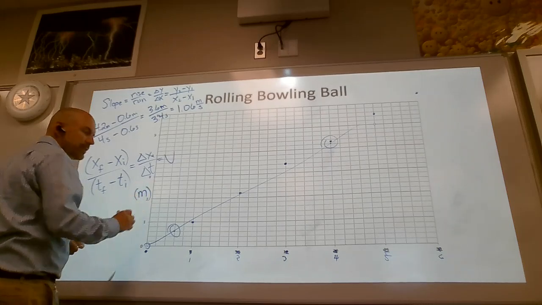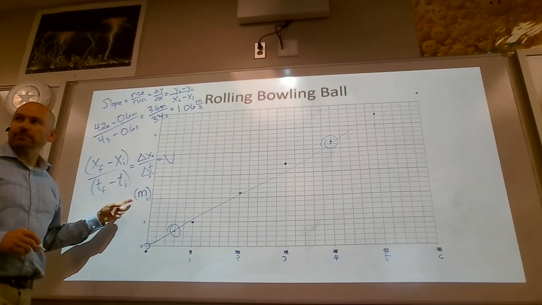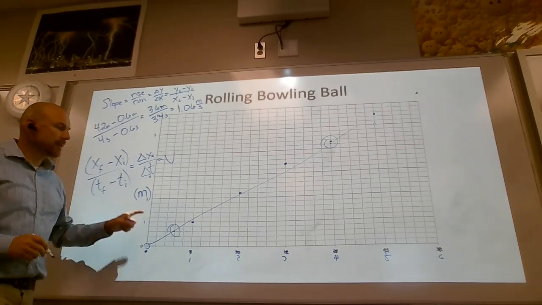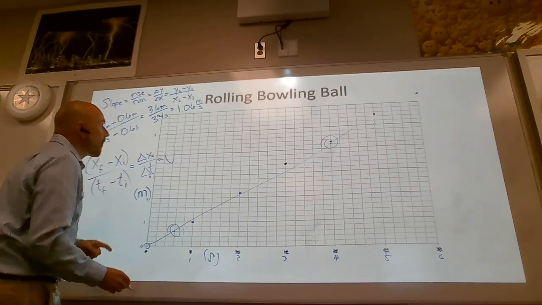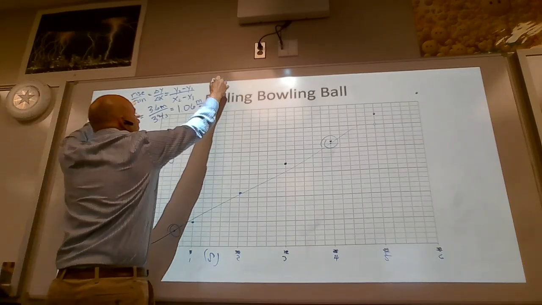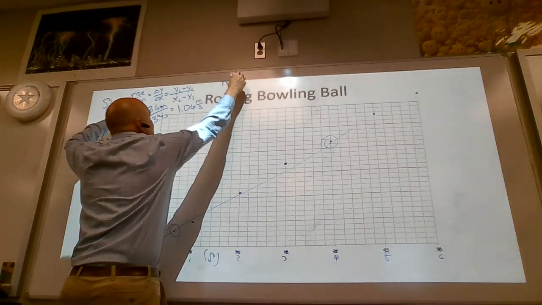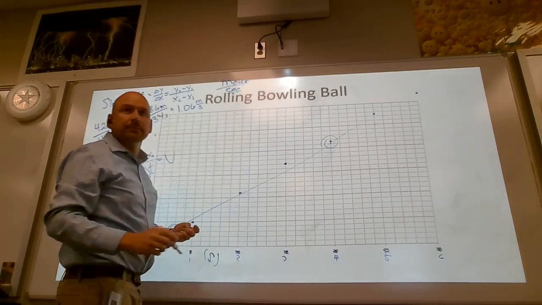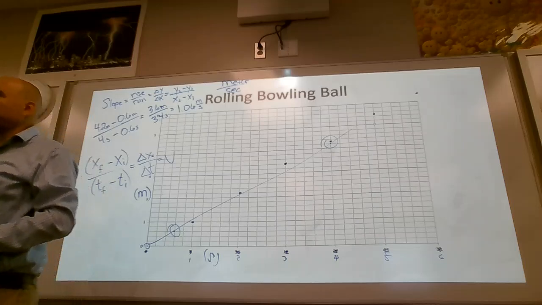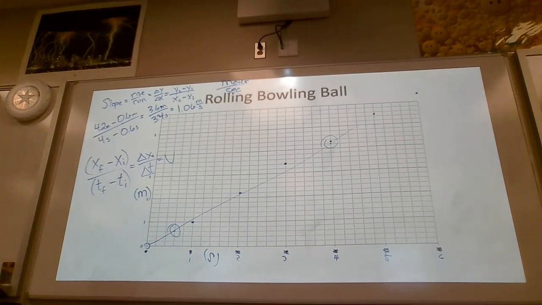It's measured in meters. On the x axis, it's measured in seconds. So rise over run, meters over seconds. Is that unit something that communicates stuff? In this case, yes. It's meters per second.